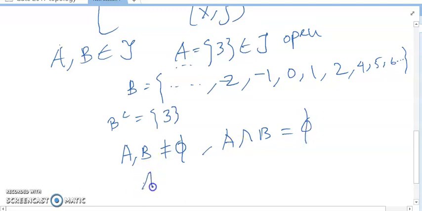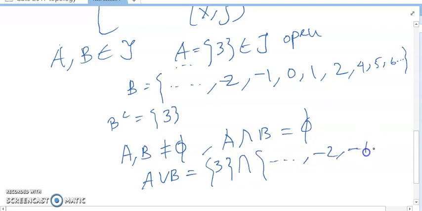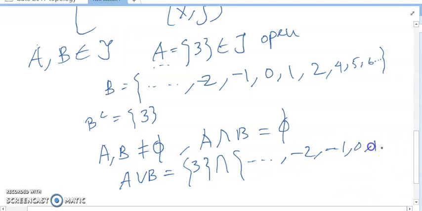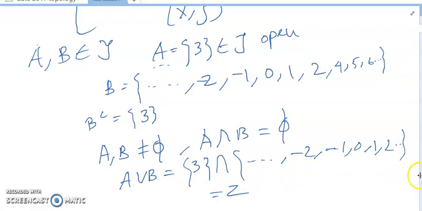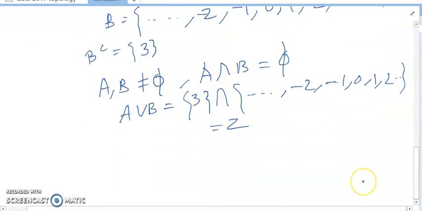So A union B equals 3 together with minus 2, minus 1, 0, up to this, which equals capital Z. So (Z, tau) is disconnected.